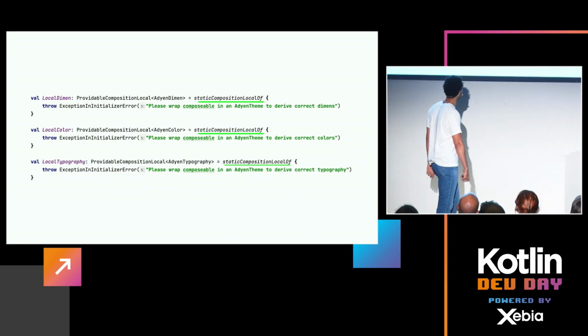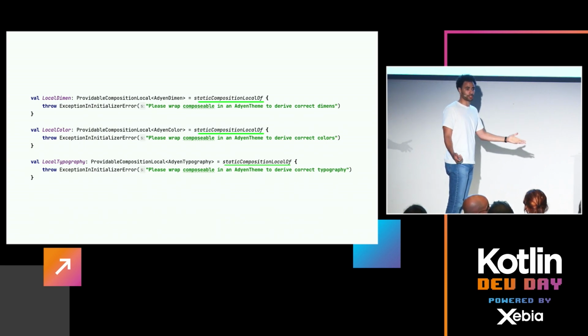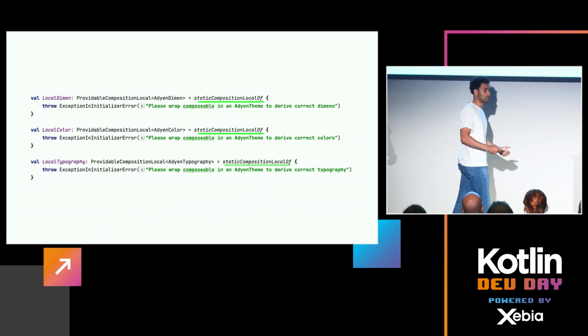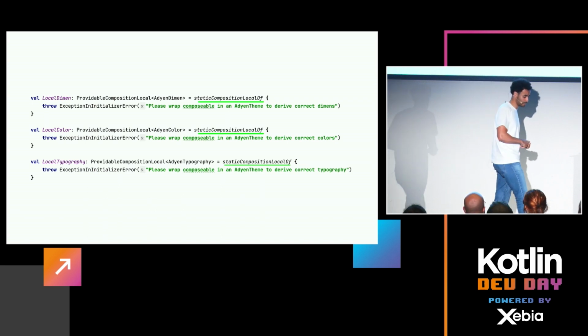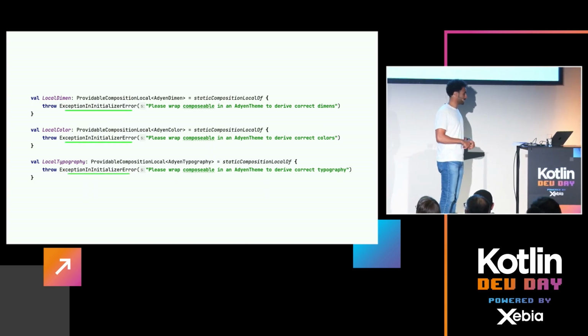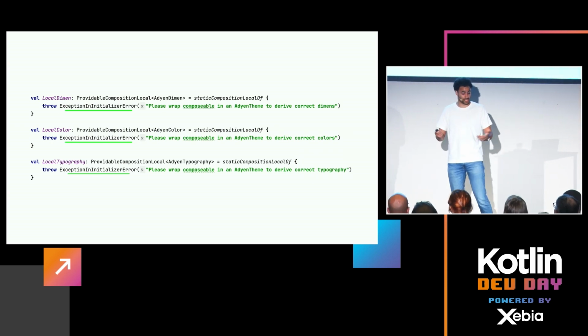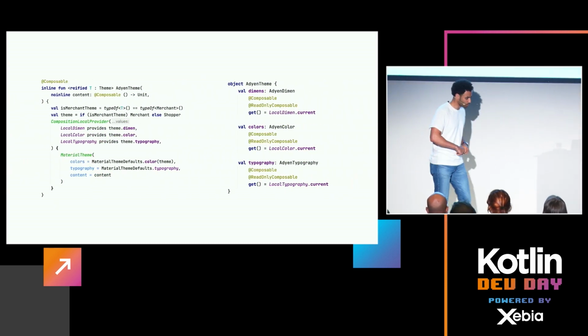That's a bit random, but what it relates to is implicit dependencies that composable functions are going to depend on, which is a bit of a mouthful. So I'm going to explain that properly in the next slide. And then the last thing here is that we initialize them all to an exception initializer. So that means if you try to use this property without it being set, we're going to throw an exception. Cool.